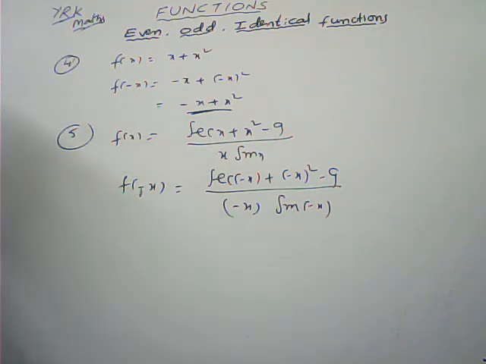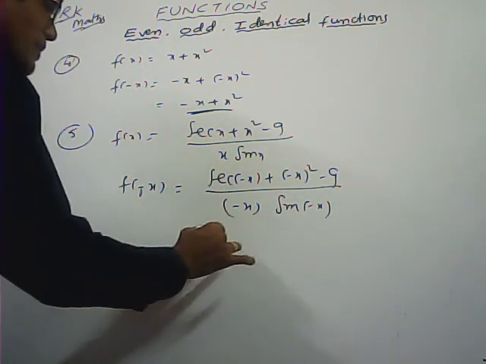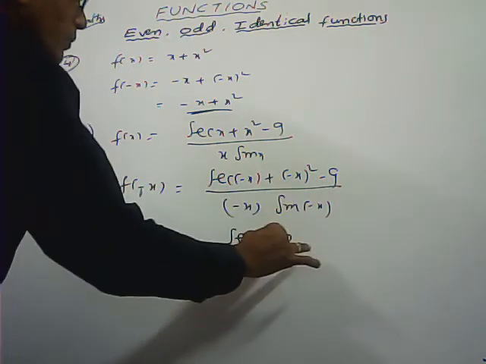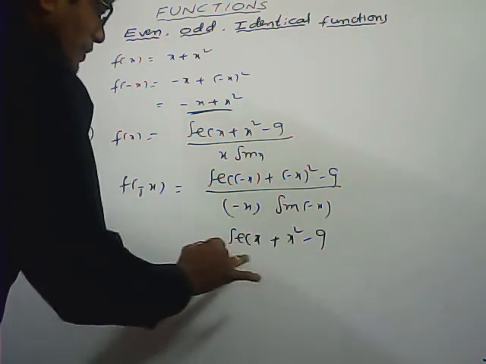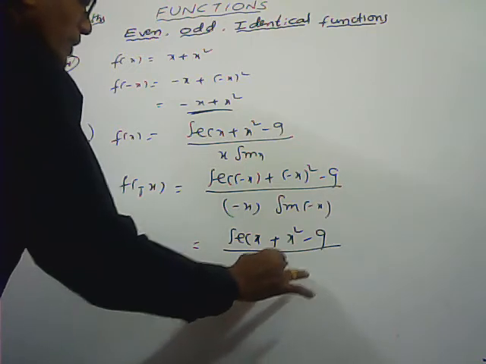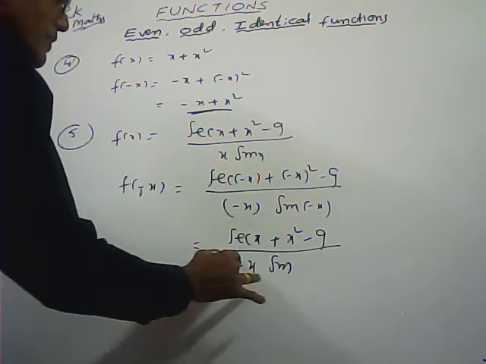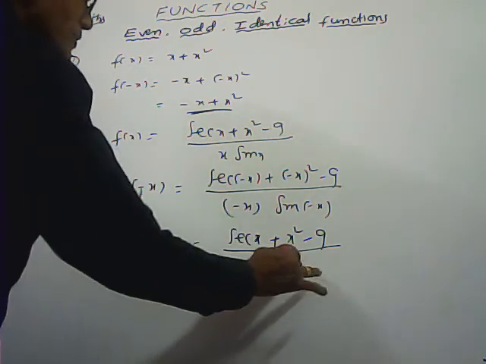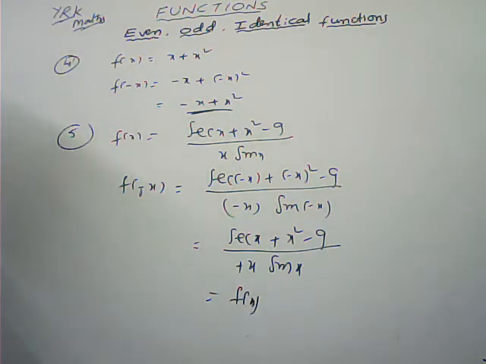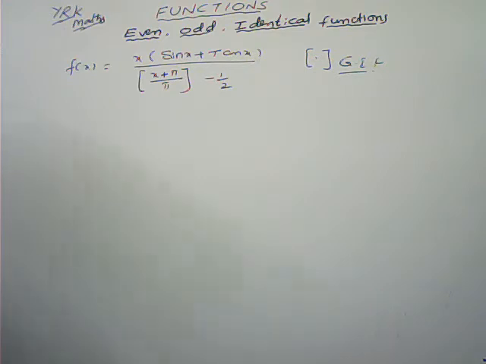Here replace x by minus x. That is equal to secant of minus theta, that is secant theta only. Secant x, minus x whole square becomes x square, minus 9 by minus x into sin of minus theta, minus sin theta. Already minus is there. Minus into minus is plus. We are getting the same function, f of minus x equals f of x. So even function.